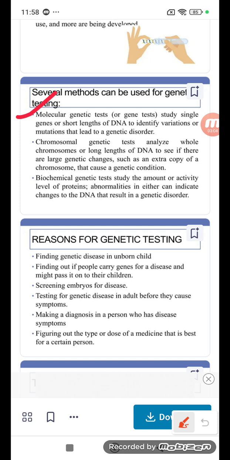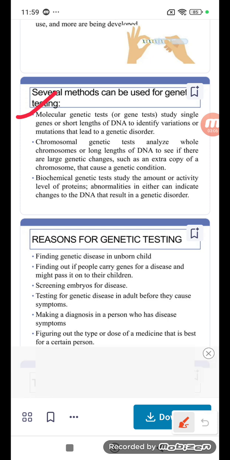Now we'll look at the chromosomal genetics test. As already mentioned, chromosomal means studying the chromosomes. What is the length? What is the DNA? It looks for large genetic changes, such as an extra copy of a chromosome being present, or one chromosome being less, or addition, deletion. These types of characters are studied under chromosomal genetics. And biochemical genetics means studying the amount and activity level of the proteins, so abnormal characters of the proteins.